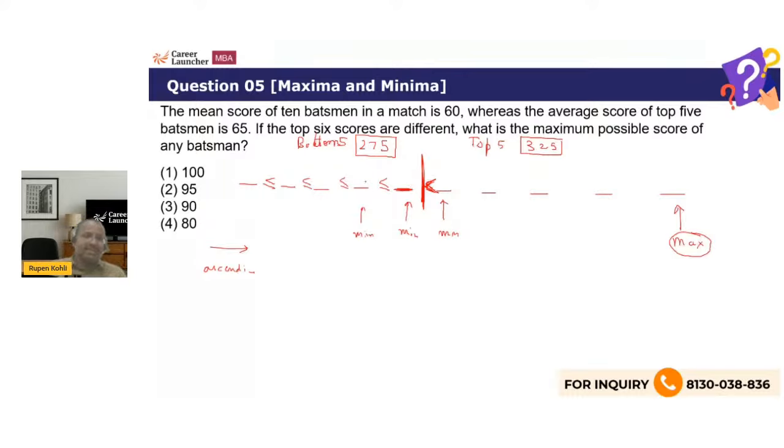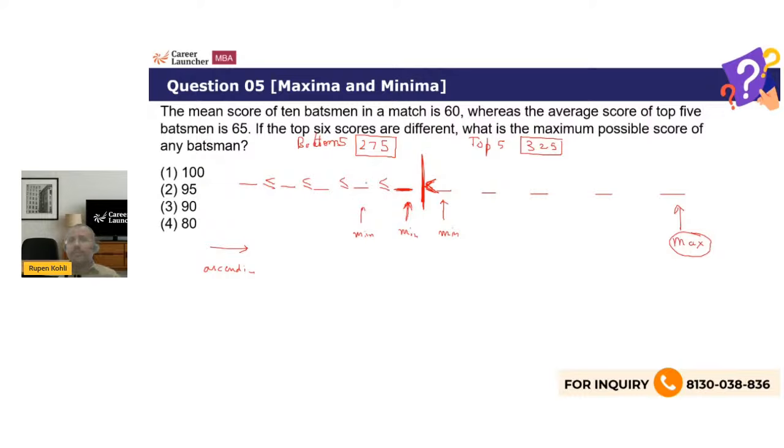So the point is that 275, the sum of these scores, is constant. If you keep asymmetry in the distribution of 275, the highest value will always go to this 6th highest score. So to minimize this, you would want this number to be exactly the same as the 7th highest.